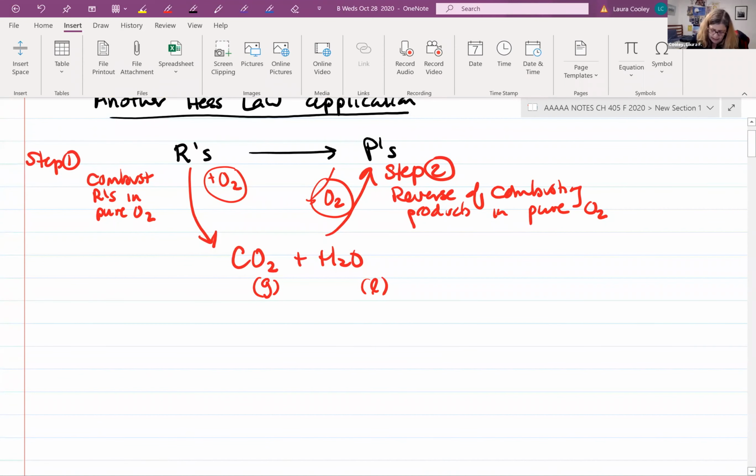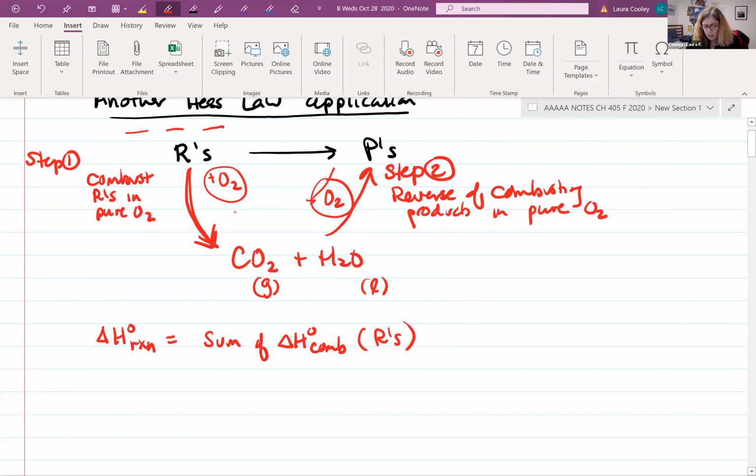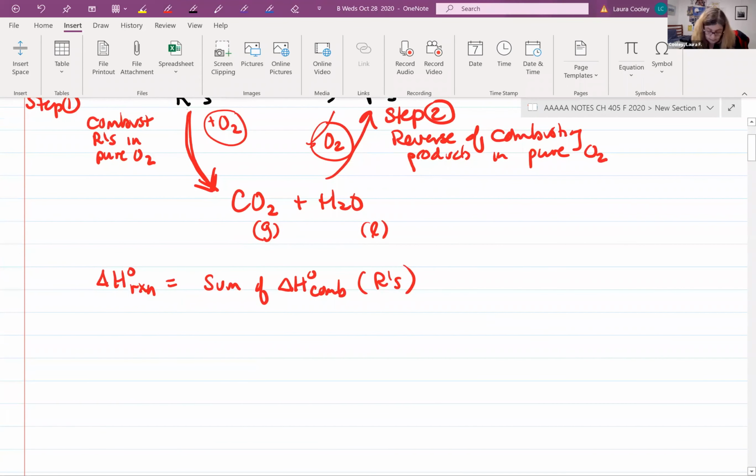So basically we could say that the delta H0 for this reaction is, step 1, the sum of the heats of combustion of the reactants. Whatever these reactants are, say 3 of them, we combust each one and add up their heats of combustion. And of course, if we have stoichiometric coefficients, we have to account for that.